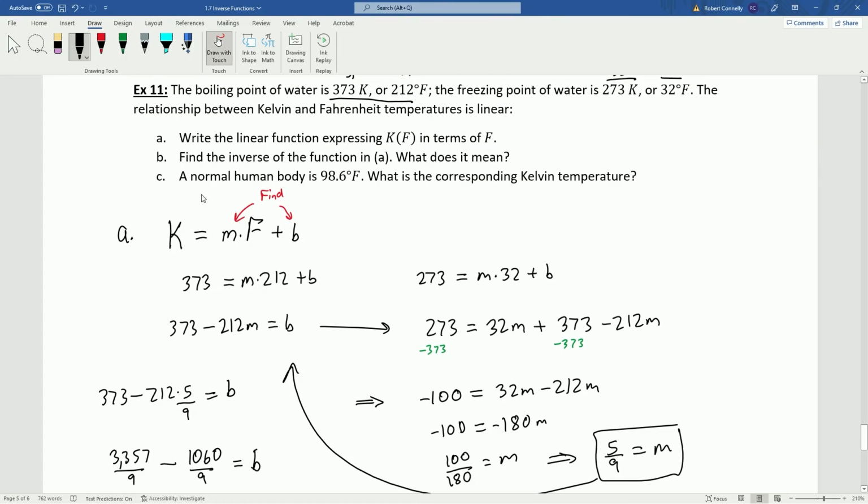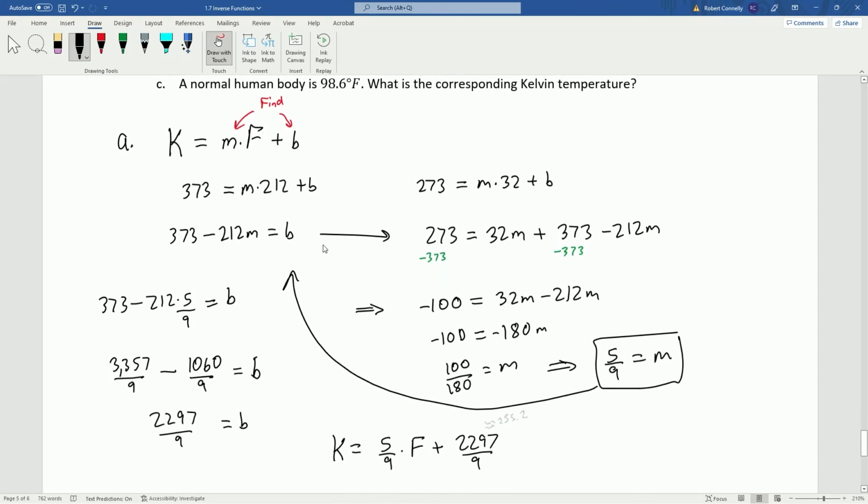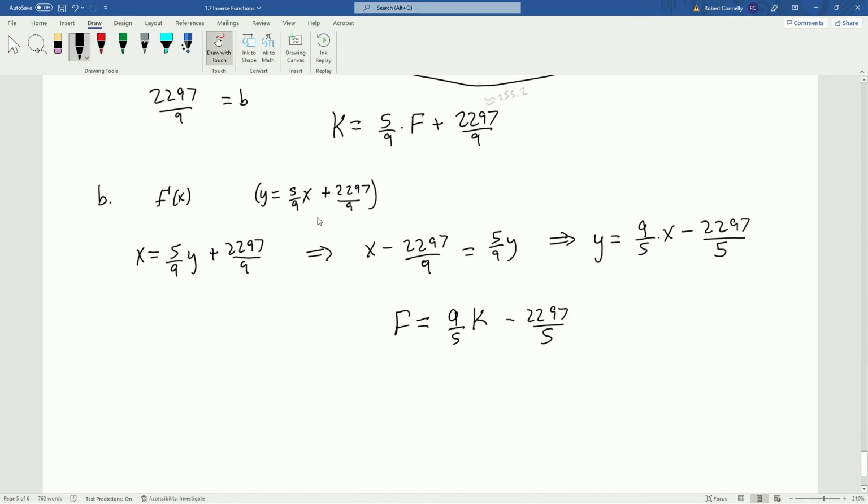All right, so a normal human body is 98.6 degrees Fahrenheit. What is the corresponding Kelvin temperature? So if I want the Kelvin temperature, I just take my equation, 5/9 times 98.6 plus 2,297 over 9.